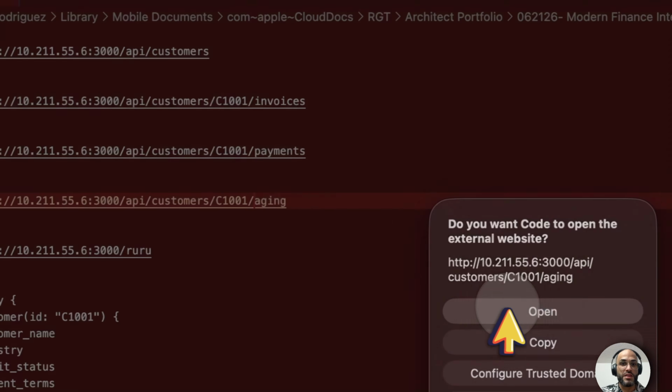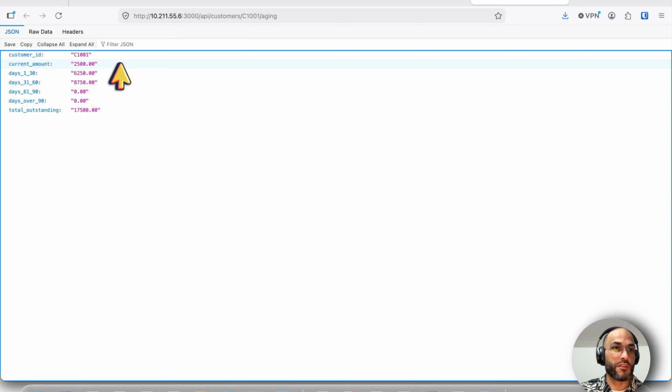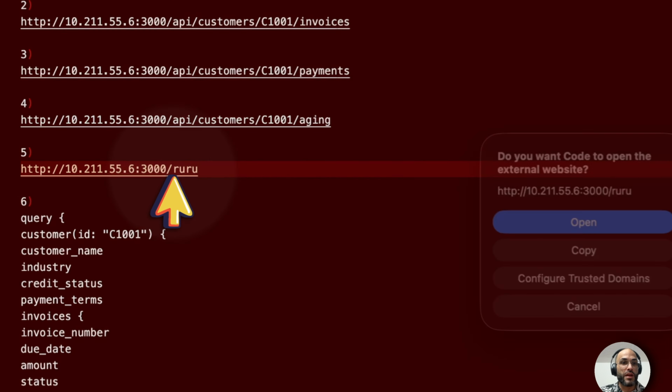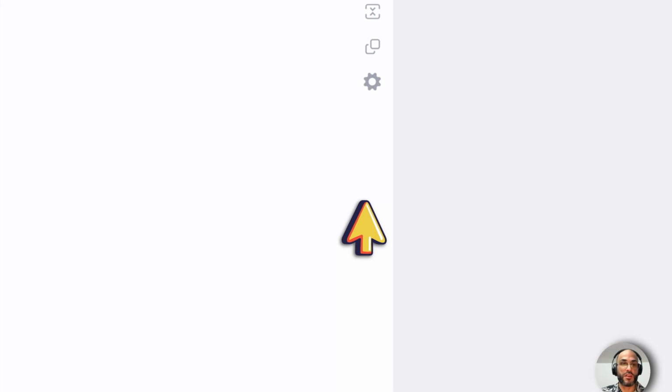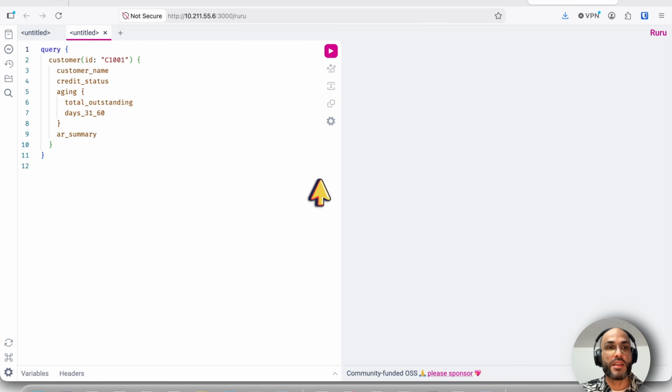Then we're gonna look at the aging endpoint, and here we can see that for this same customer, it has aging data with a total outstanding amount of $7,500, which is a lot. So now that we have seen all of these endpoints, we're gonna go into Ruru, which is basically the IDE that we will be using for GraphQL.